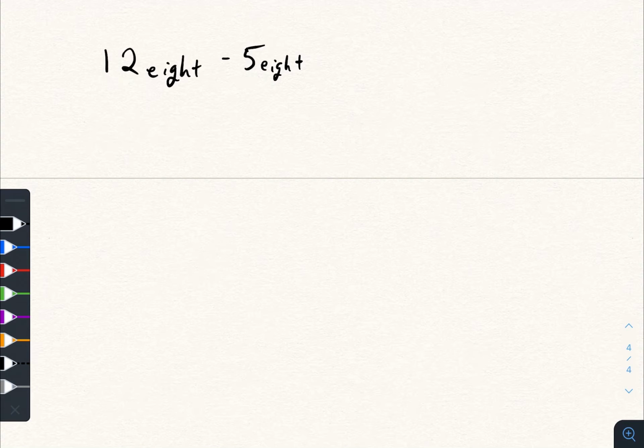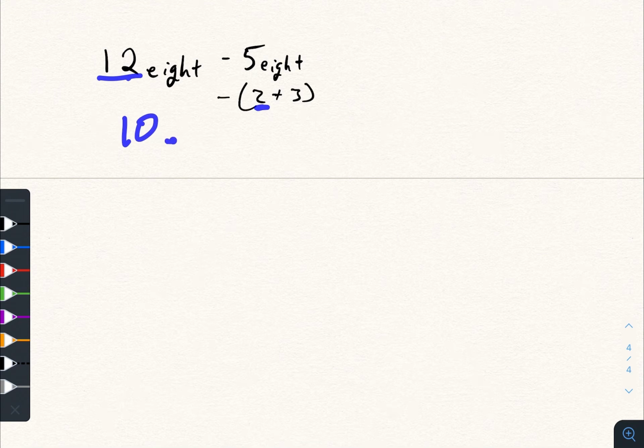So if I had 10 base 8 minus something base 8, then we could approach it in the same way that we did the previous problem. So notice that 5, we can think of as a 2 and a 3. Okay? And if I take 12 and I take away 2, then I end up at 10 base 8.